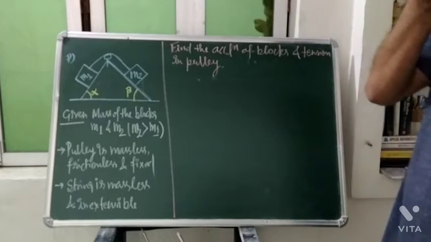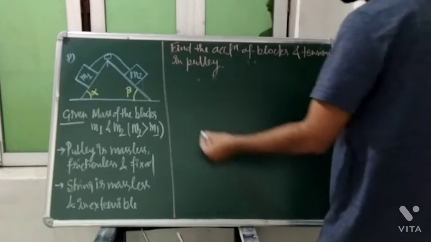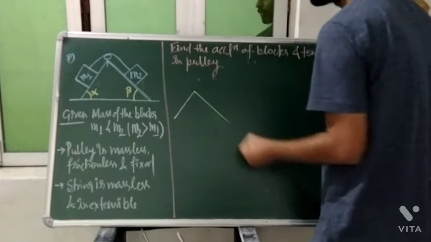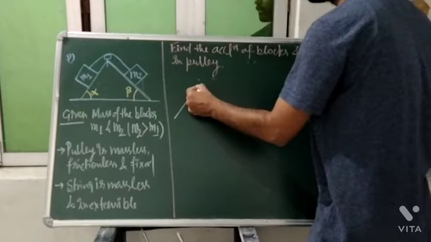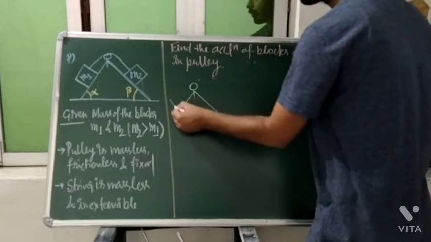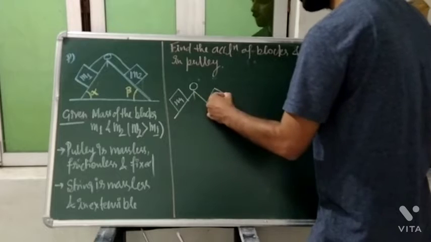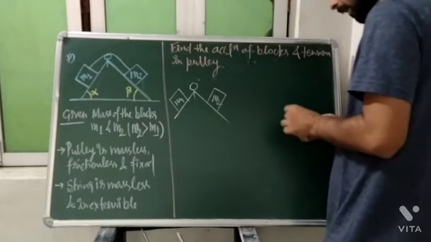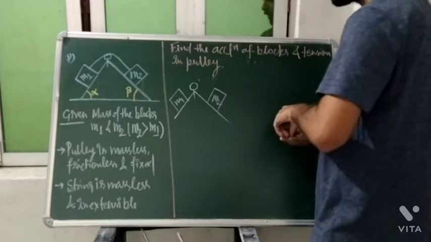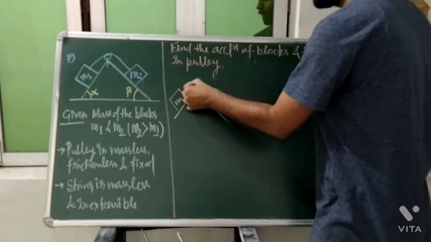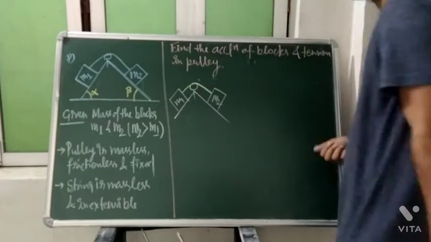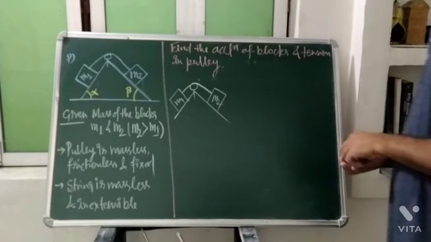We'll look. Okay. Of course, students, I have told you, if such a situation we are getting, here is our pulley. Our M1 is present here. M2 is present here, and the string is here, which goes over the pulley and connects the masses M1 and M2. So what can we do, students?